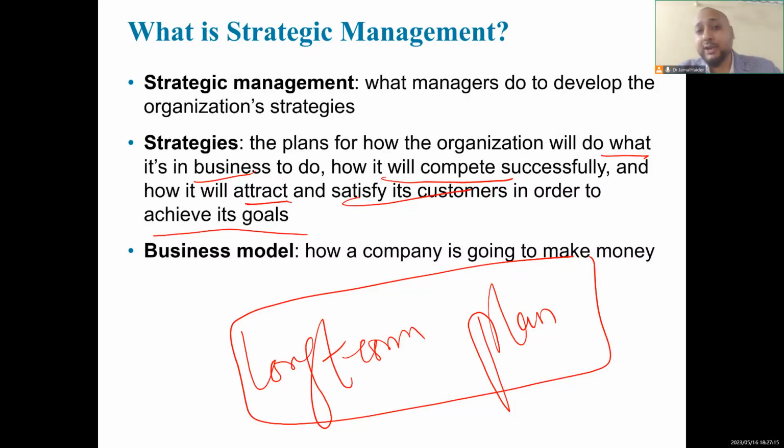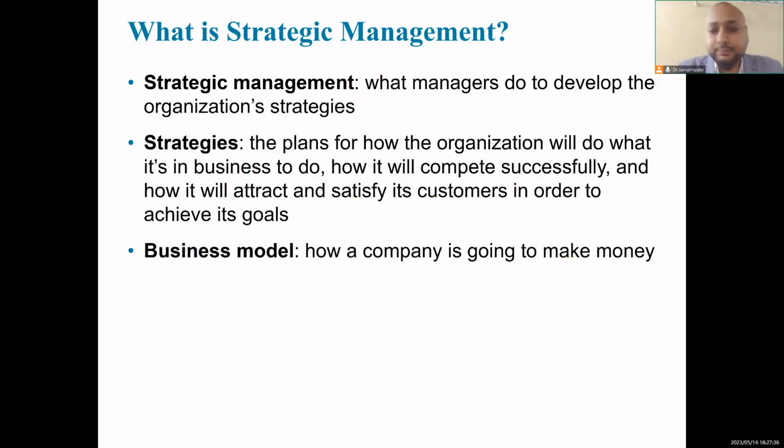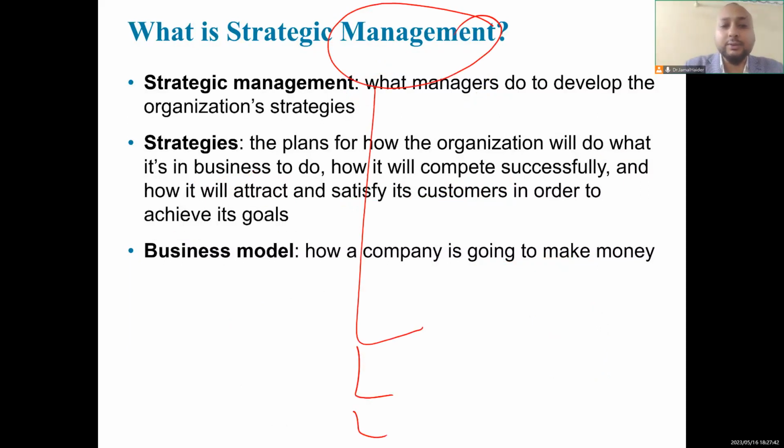And what is strategic management? It is what managers do to develop organizational strategies, or how managers manage the long-term planning. It's called strategic management. Because this is management, obviously it will include all four functions of management. And what were those? Planning, organizing, leading, and controlling.